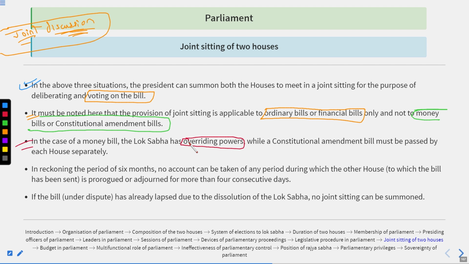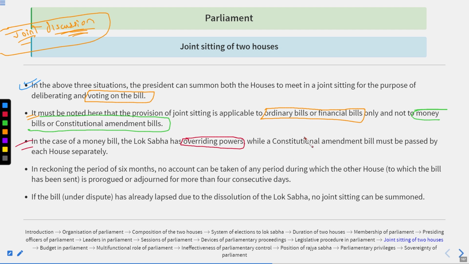The Rajya Sabha has no power to reject the bill; they can only suggest amendments. Remember, only suggest, not make. It is totally a discretionary power of the Lok Sabha whether they want to admit these amendments or not. If the Lok Sabha does not agree to consider the amendments of the Rajya Sabha, there is no compulsion that the amendments must be accepted. So that's why it is said the Lok Sabha has the overriding powers.